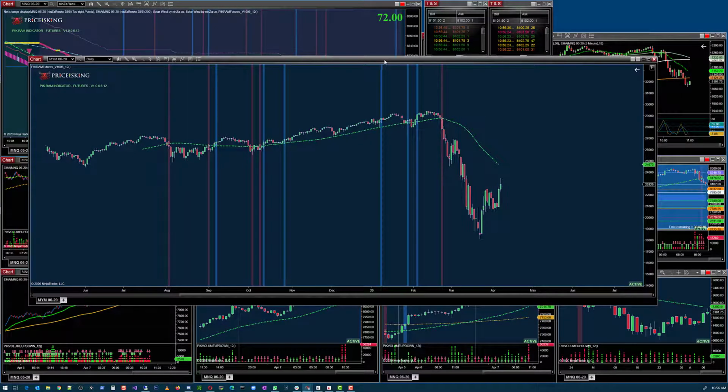I'm going to mostly talk about the minis, but in this case, it's all going to be the micros. We're trading the micros for all those traders that are into futures, yet they don't have the margin requirements that they need, especially with what's going on with all the high volatility in the markets today.